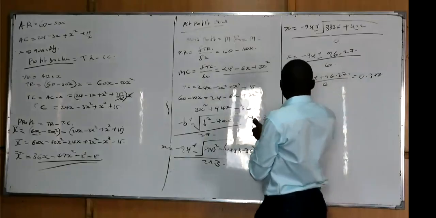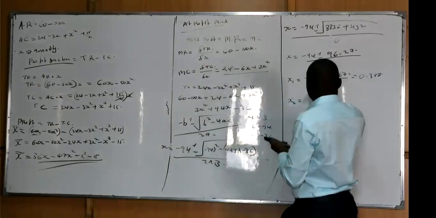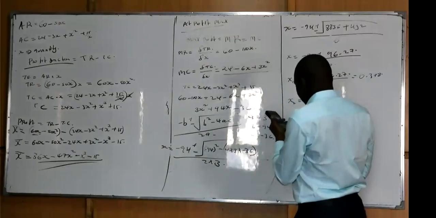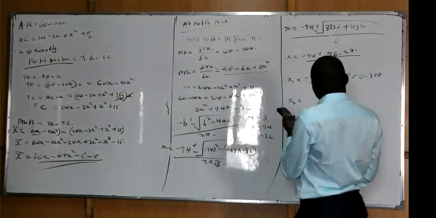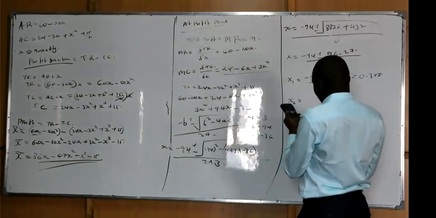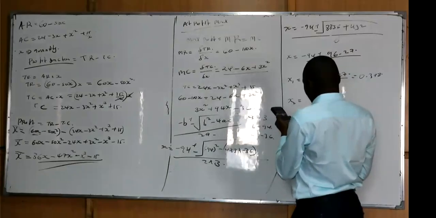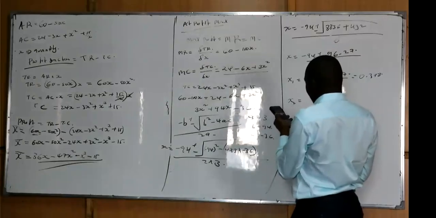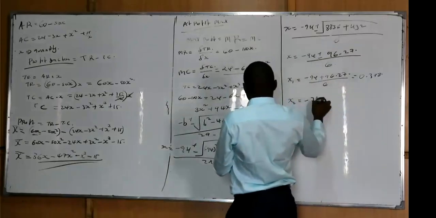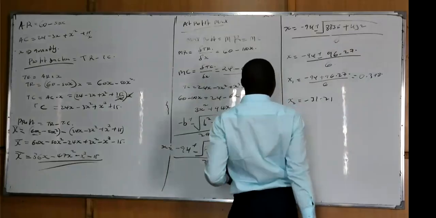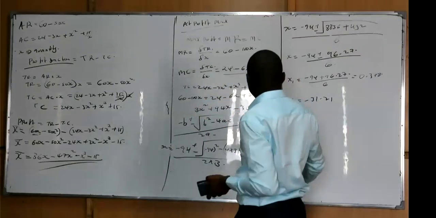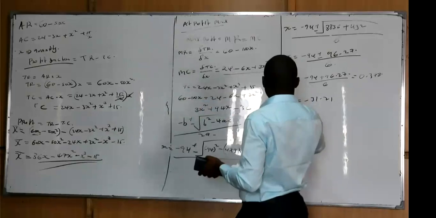Then x2 is equal to negative 94 minus 96.27, you divide it by 6, you get negative 31.71. Okay, this is the value of x.